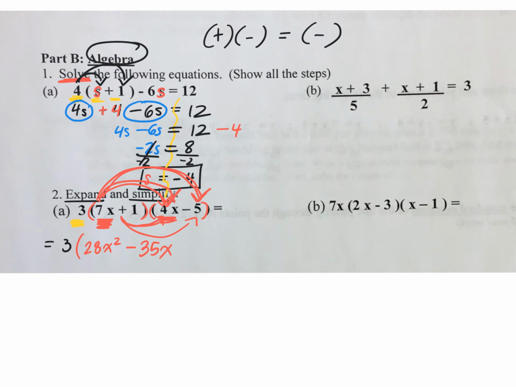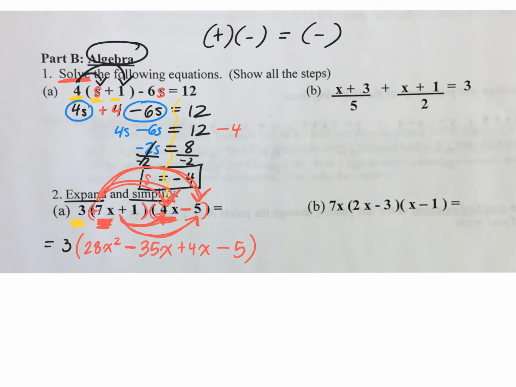You keep the sign. Positive 1 times positive 4x, positive 4x. And then positive 1 times negative 5 is negative 5.